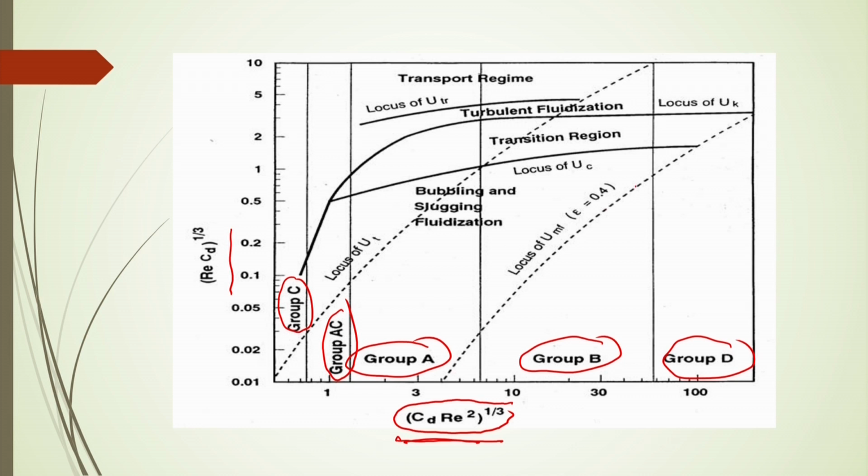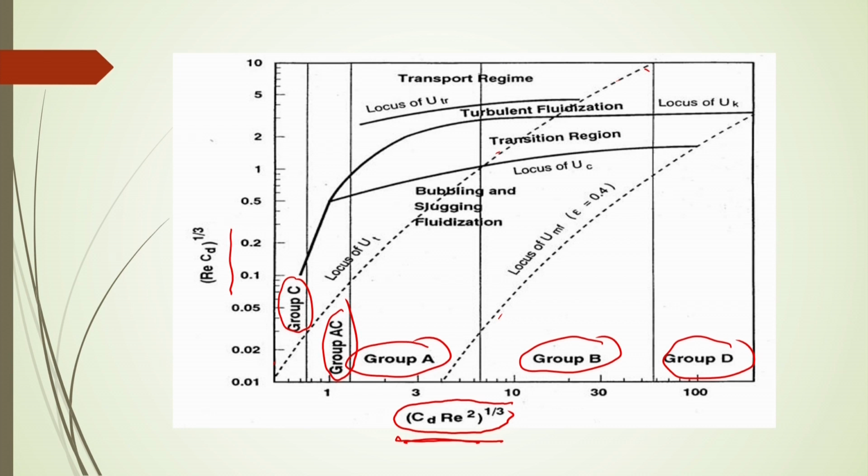Here the dotted lines are represented by the locus of UMF. That means at this point you can get the minimum fluidization, from packed bed to particulate fluidized bed. Whereas this line will give you the terminal velocity of the particles.